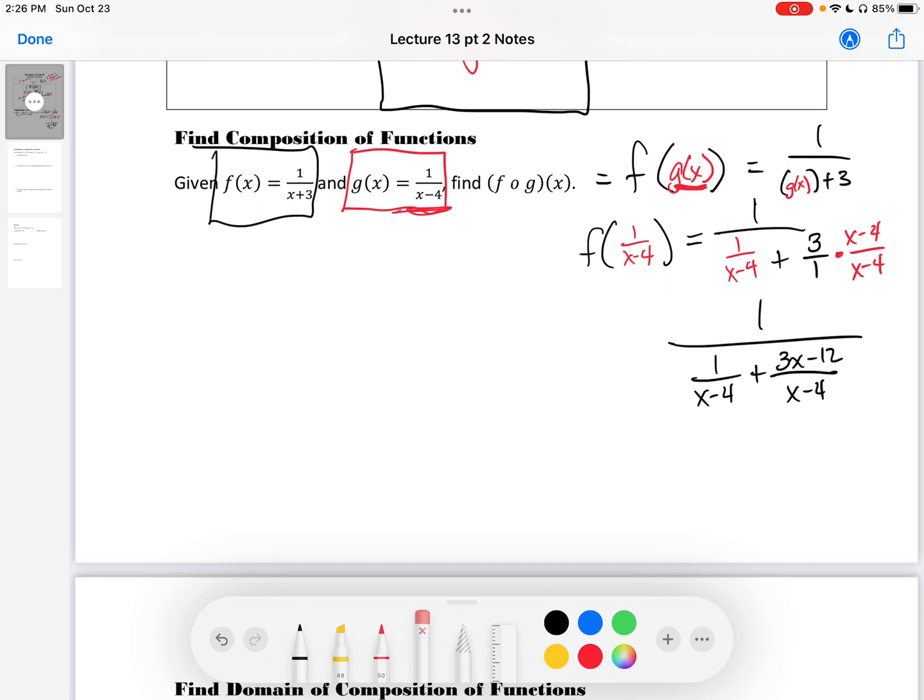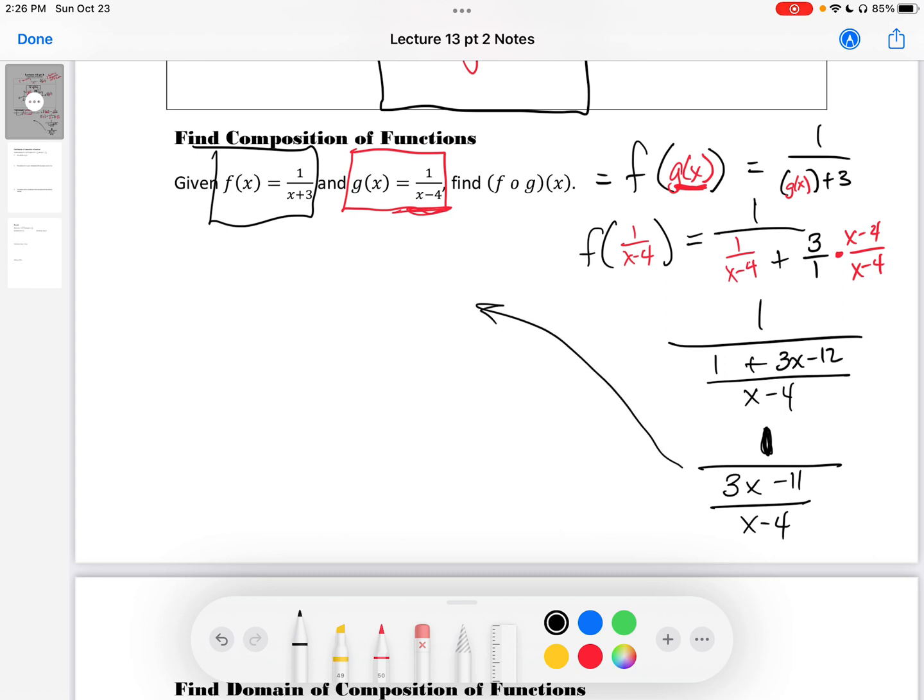Since they have the same denominator, I can just write this as one fraction with an x minus 4 on the bottom. So this is really 1 over 3x minus 11 over x minus 4. Now the last thing that we need to do, remember this is a big one on top, so that is a fraction over a fraction.